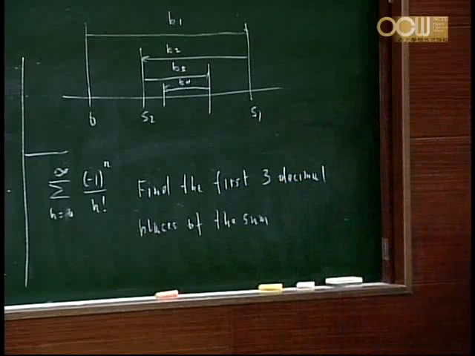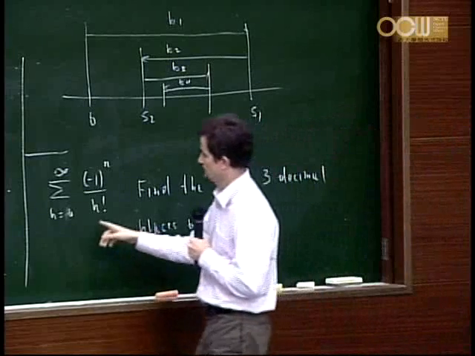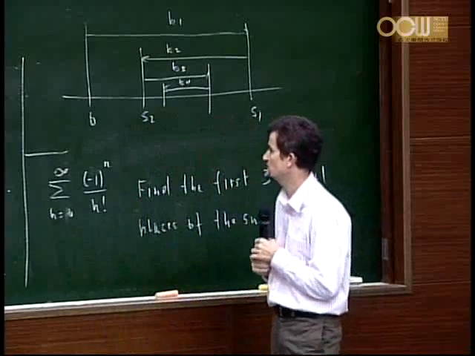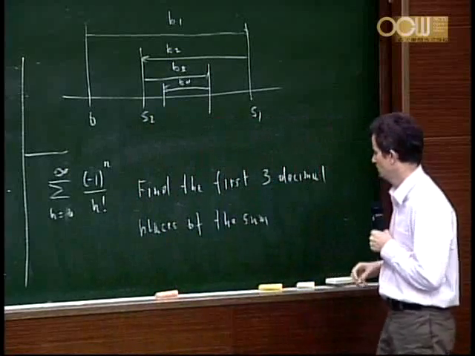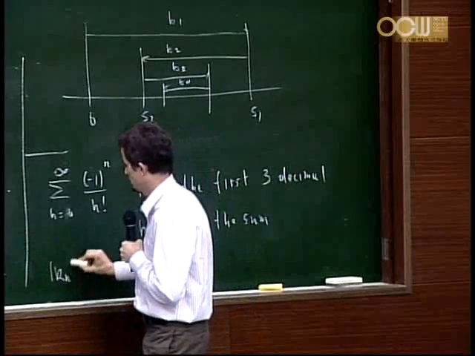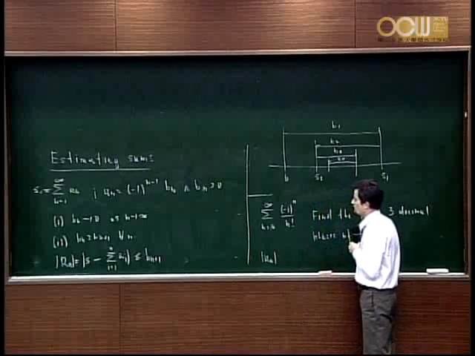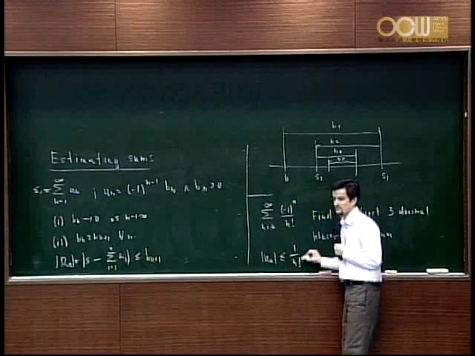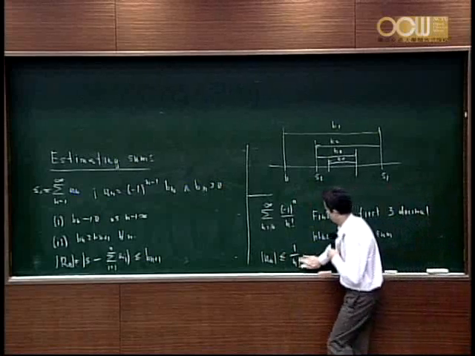The first thing you have to understand is roughly where the sum is. If you do some simple computations, you will see it should be smaller than 1. In particular, if you look at this error estimate, you will see that the error is smaller or equal than 1 over (n+1) factorial.